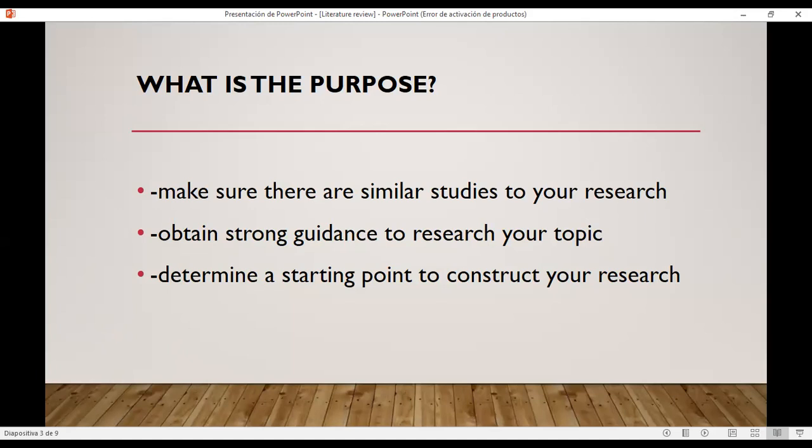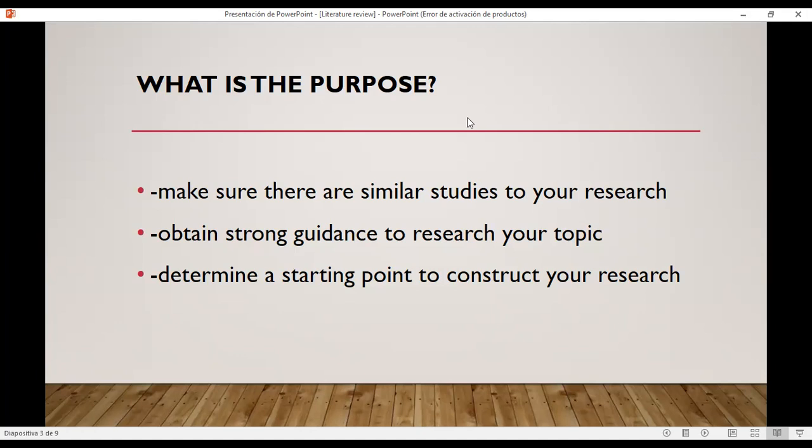And as I told you, we are going to work on that gap between what has been done before and what is still a necessity to do. So it constitutes the starting point to construct our research.